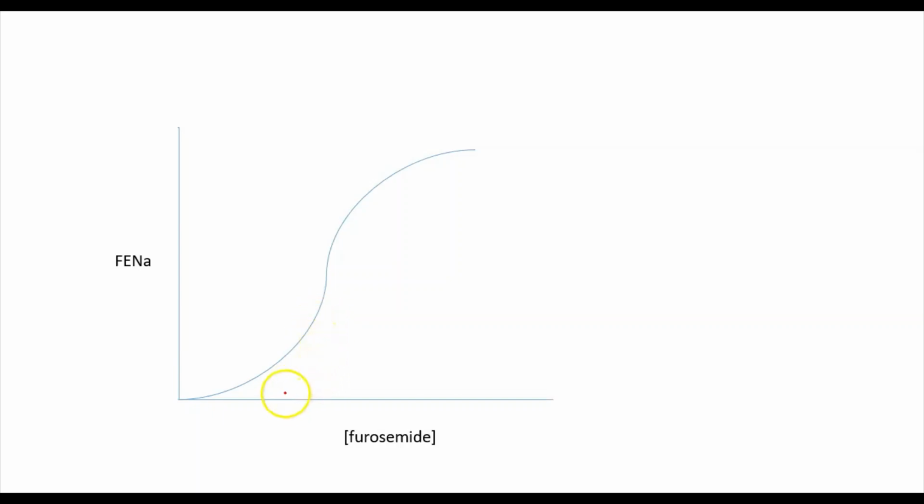But either way, you pick a starting dose and you have to assess the effect of that dose by assessing their weight loss, which will typically be around 1 kilogram per day, and that has to be fluid weight loss, or by monitoring their fluid balance and looking for approximately 1 liter of extra diuresis from baseline.